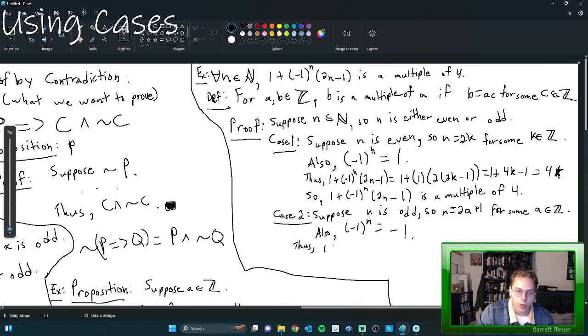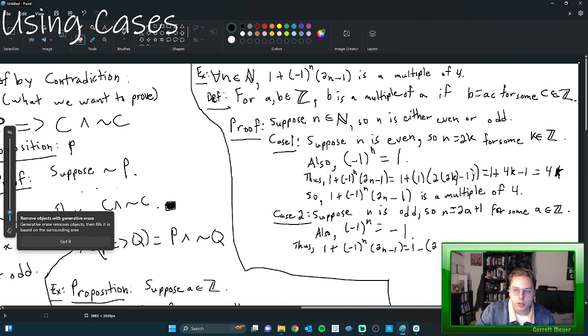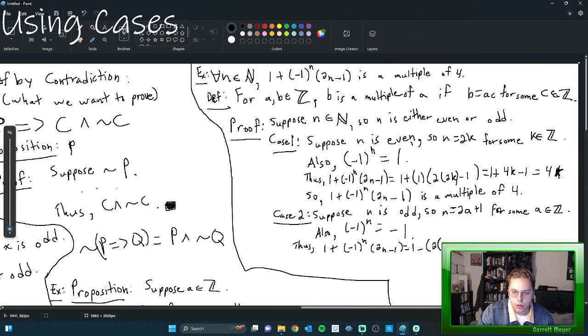Thus, 1 plus -1 to the n times 2n minus 1 equals 1 minus, because we have a -1 multiplying everything, 1 minus 2 times 2a plus 1 minus 1.